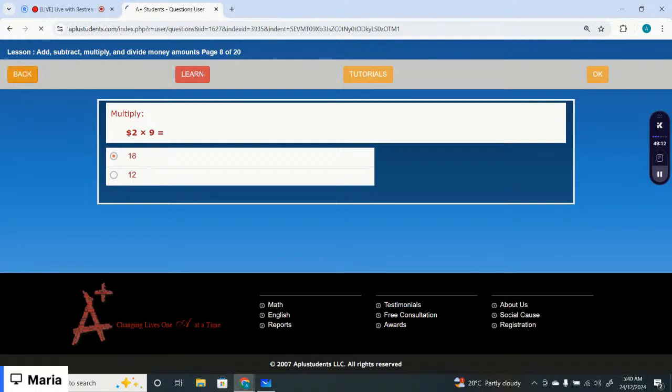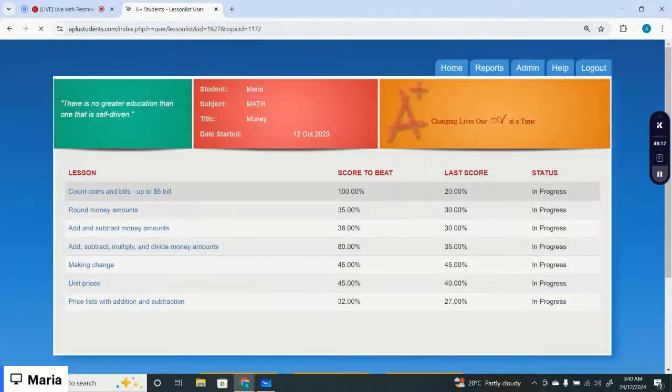So we were working on grade 4 math. The chapter we're working on is money.